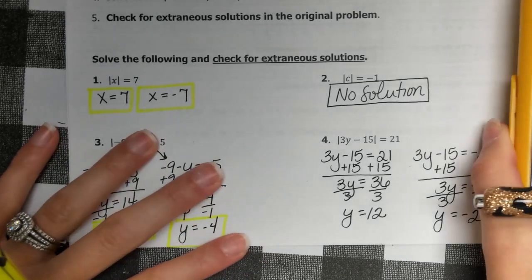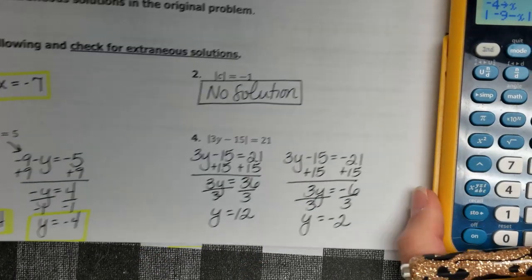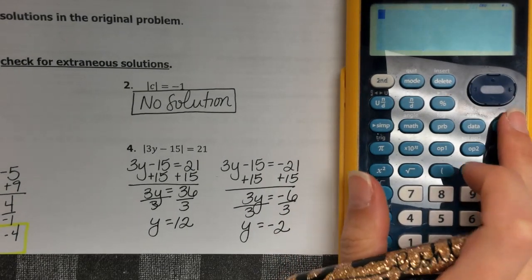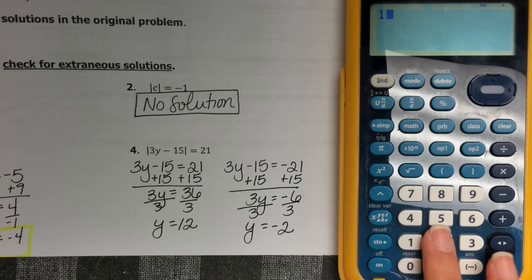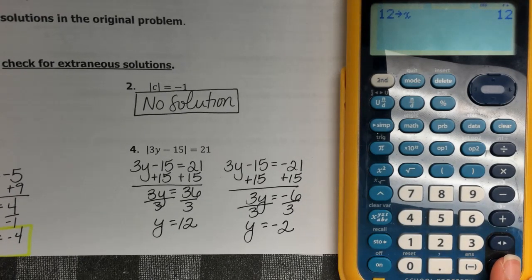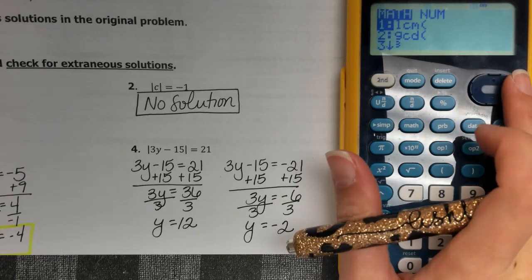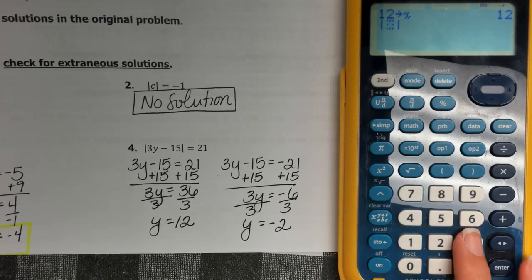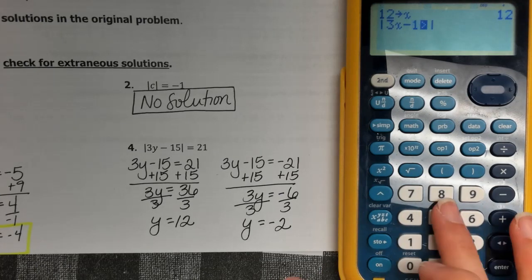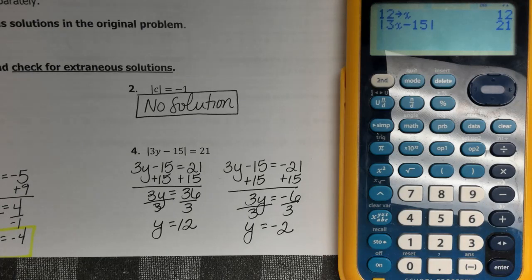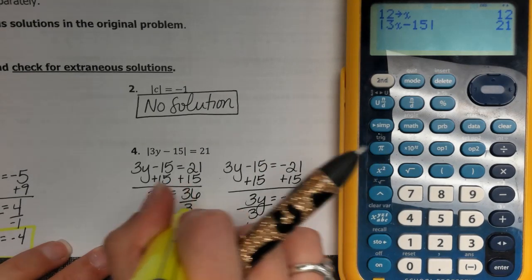Okay, now we're going to do our calculator. We're going to take 12, store it for x, and then go to math, right, enter to get your absolute value bars. And it's going to be 3x minus 15. Gives me 21, which my original answer does say.